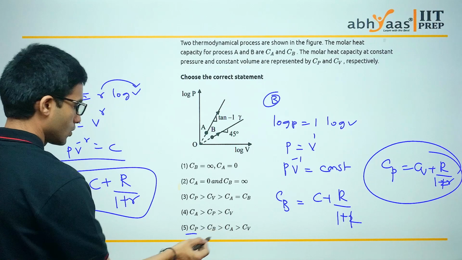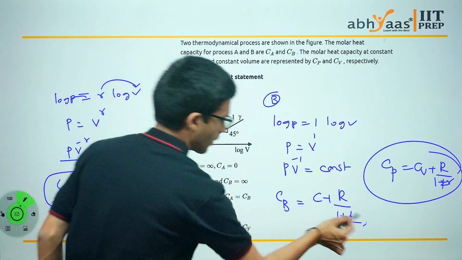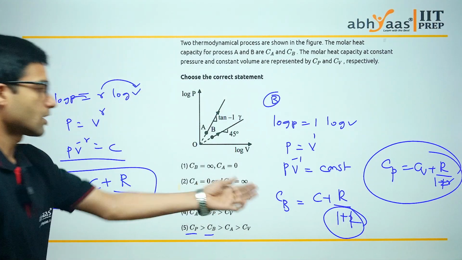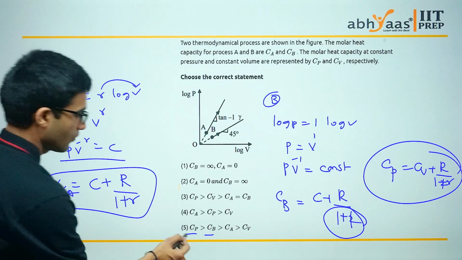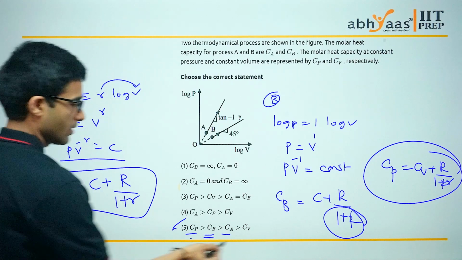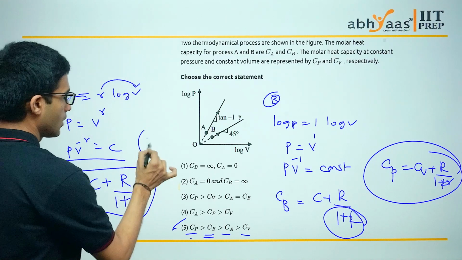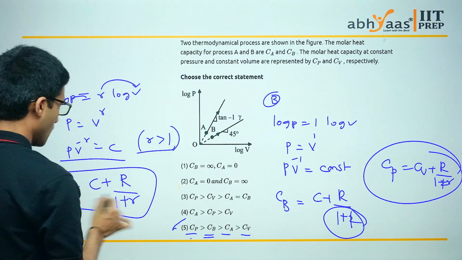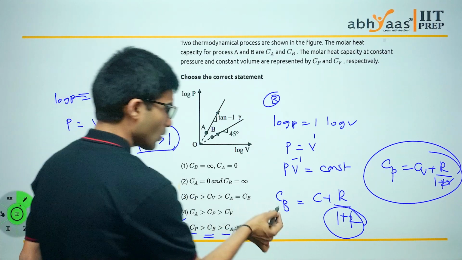This is 1 plus 1, 2. If the denominator is less, that much the value will be more. So if you see here, C_v is greater than C_B, greater than C_A, because the gamma value is greater than 1. If you compare C_A and C_B, what happens?